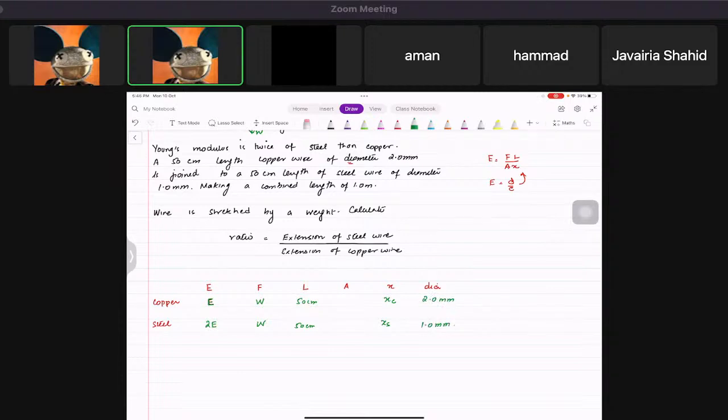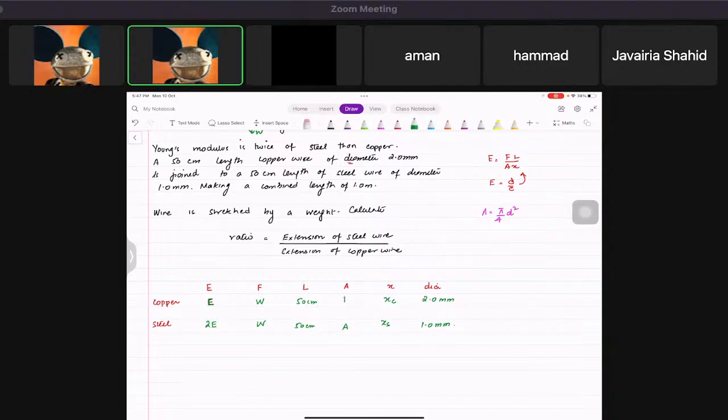Now because we know that area of any circular object is pi by 4 d square, which means that if we say the area of steel is A, then if you square 2 times the diameter, this is going to be 4A.